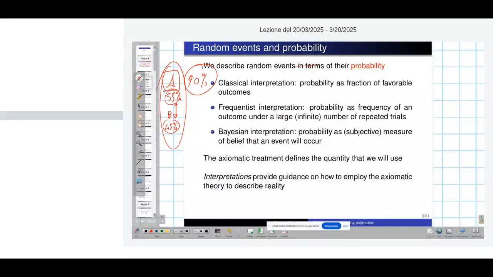So here when I say there is a 90% probability A will win, how can I explain it in terms of repeated trials? It's difficult to imagine that if I repeat the same election several times in a row, the result will change. So in this case, we need to understand what we mean by saying that there is a 90% probability that A will win the election.